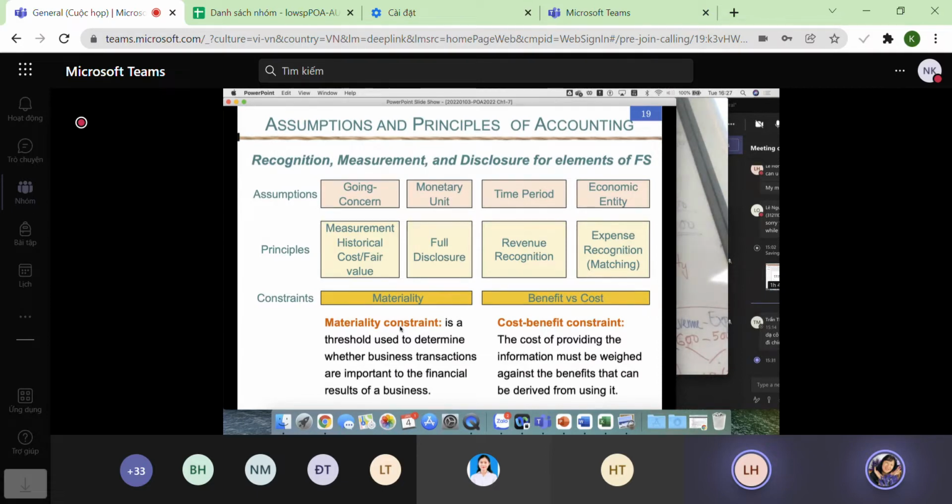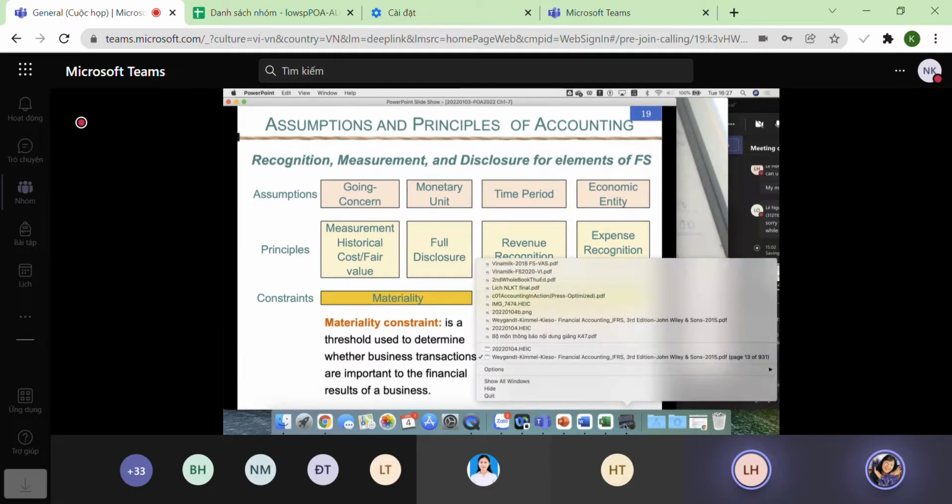And based on assumptions and principles here, they build up accounting standards. Here, remember accounting standards?